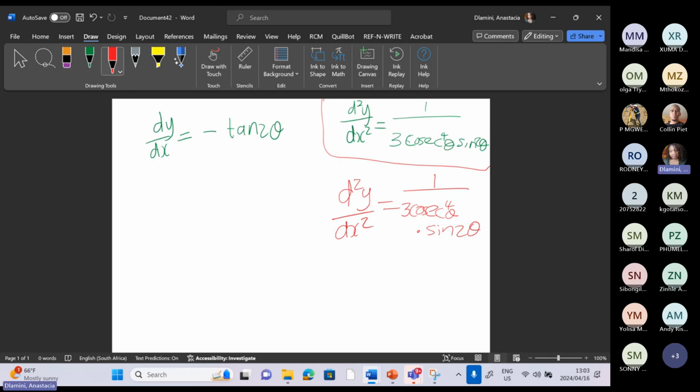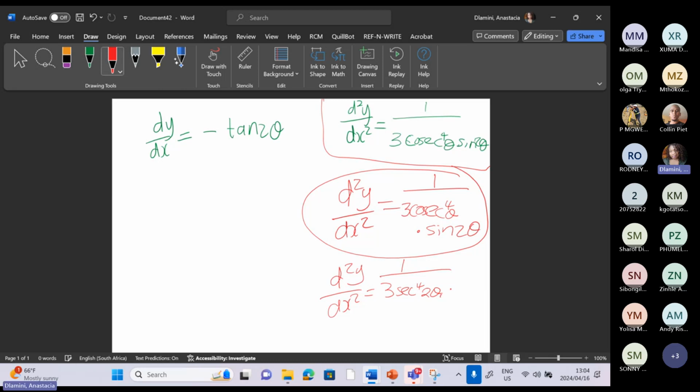Okay, maybe it's a simplification. You never know. You know, maths has so many ways. Let's not kill cats, but so many ways of killing a cat. d squared y over dx squared equals, you got 1/3 sec to the power 4 2 theta times cosec 2 theta.